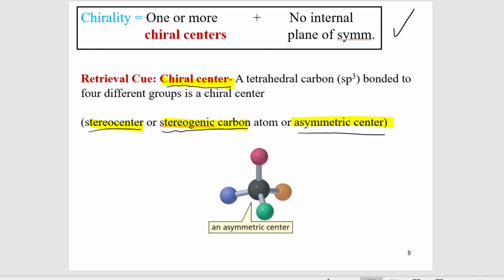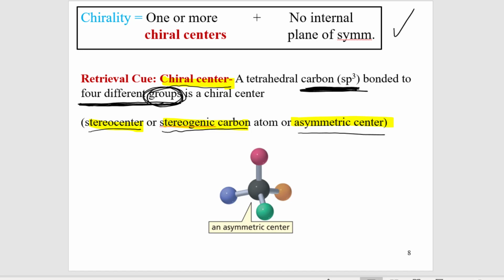So a chiral center or stereocenter, I like to use the word stereocenter. I don't know why. I think you'll see me slip into stereocenter. It is when you can identify an sp3 carbon. So you have to have a carbon that's sp3 hybridized, and it must be bonded to 4 completely different groups. And I say groups, not atoms. Okay?